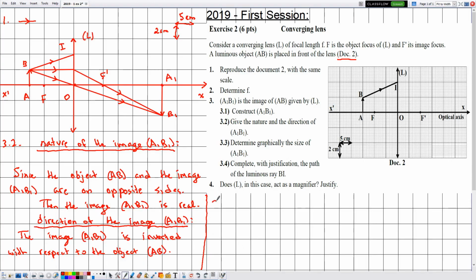Now in number 3.3 they are telling me to determine graphically the size of A1 B1, which is the image. So now let's calculate the size of the image.